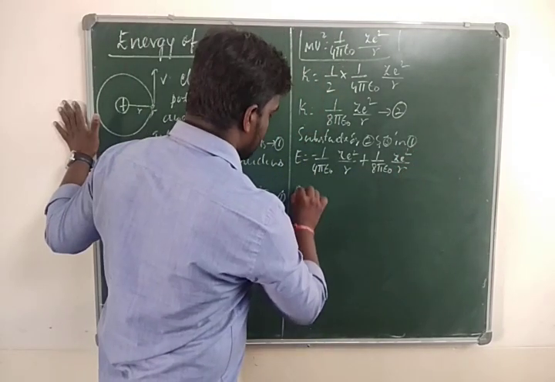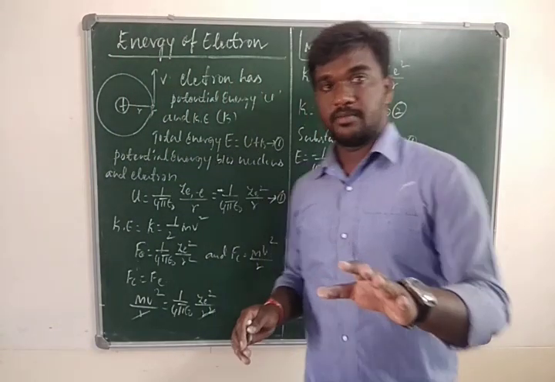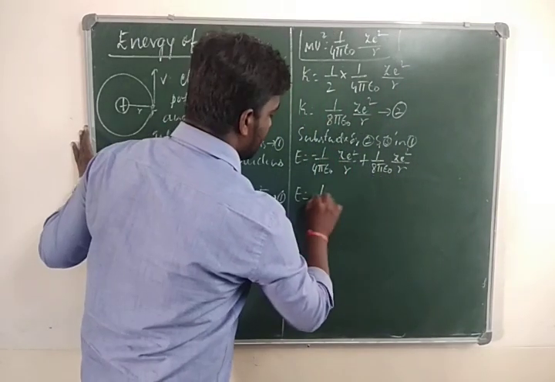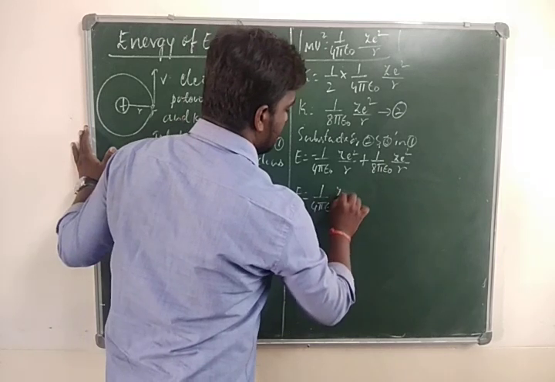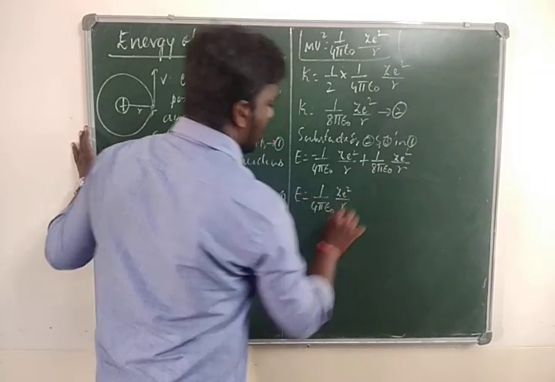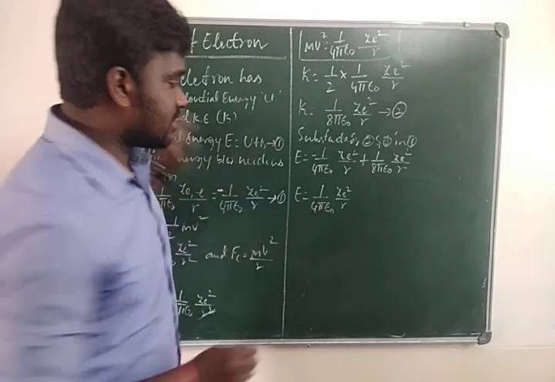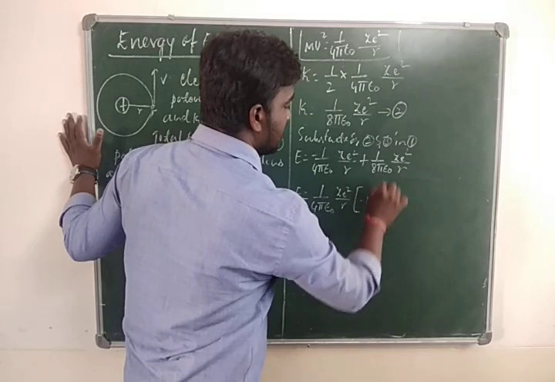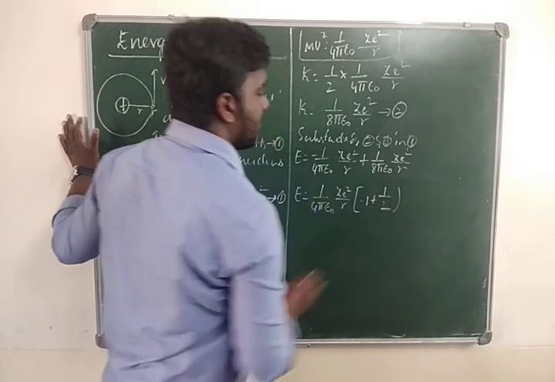Here E is equal to, we take the common term, 1 by 4 pi epsilon naught Ze square by R is the common term. So common term next, minus 1 plus the remaining, how many times multiplied, half.